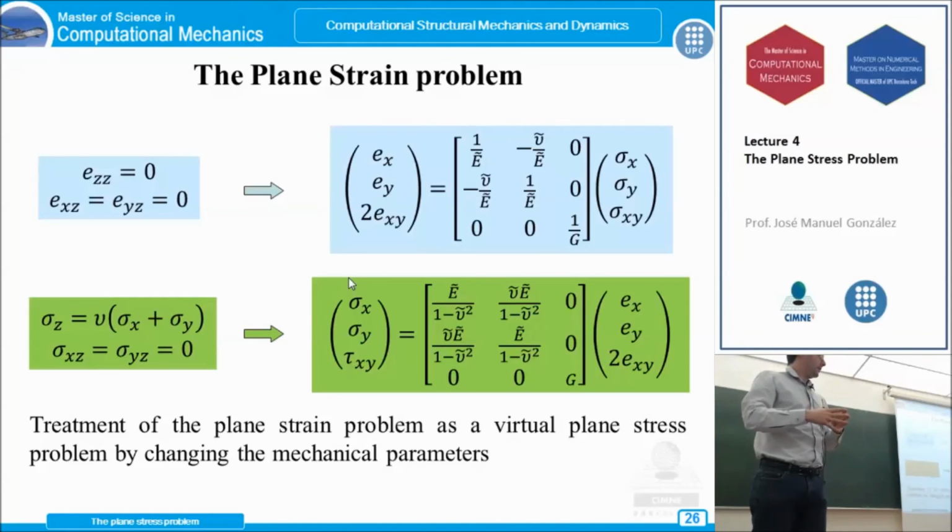In the next classes, we're going to talk about how we treat this implementation, this formulation, in every type of element, and above all, we are going to talk about the advantages of using this variational formulation.